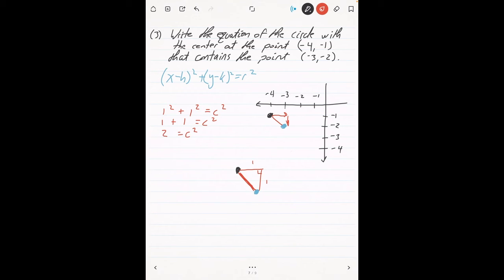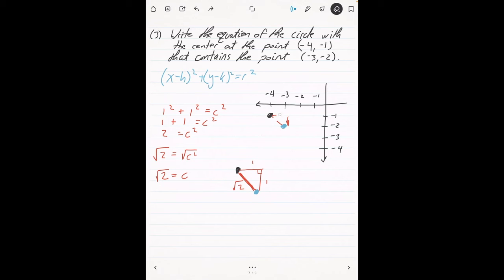To get C by itself, we're going to take the square root of both sides. So C is equal to the square root of 2. That is this distance right here. That's the hypotenuse. That's the length between the point that's the center and the point that's on the circle.